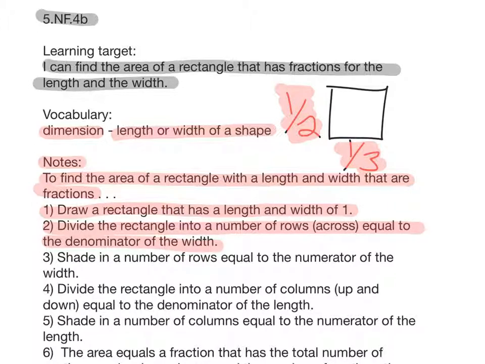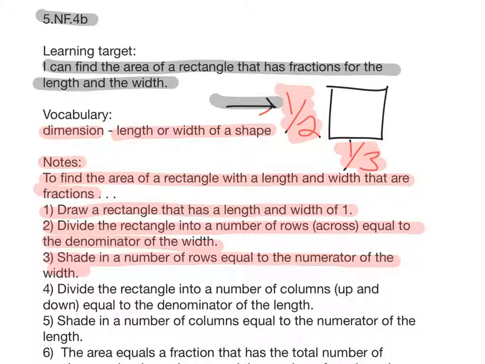So if we were talking about the rectangle I just drew, you're going to have 2 rows because that's the denominator of the width. Then you're going to shade in the number of rows equal to the numerator of the width. So you would shade in one row, one of those 2.